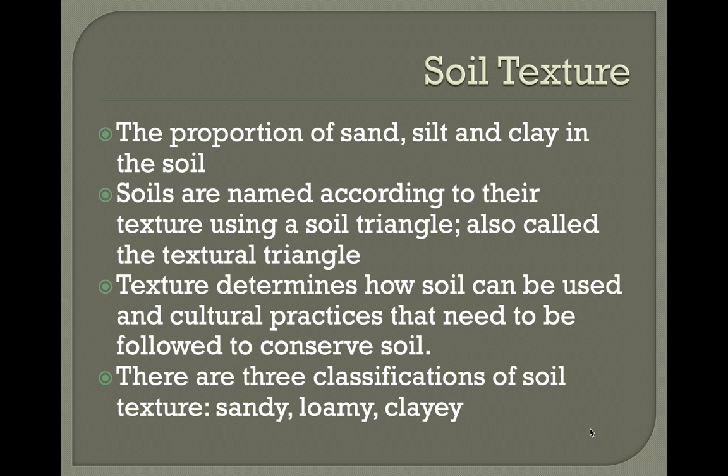Because if you think about it, unless you are strictly at the beach on the sand, most of the time you are going to have a mixture of soil particles.